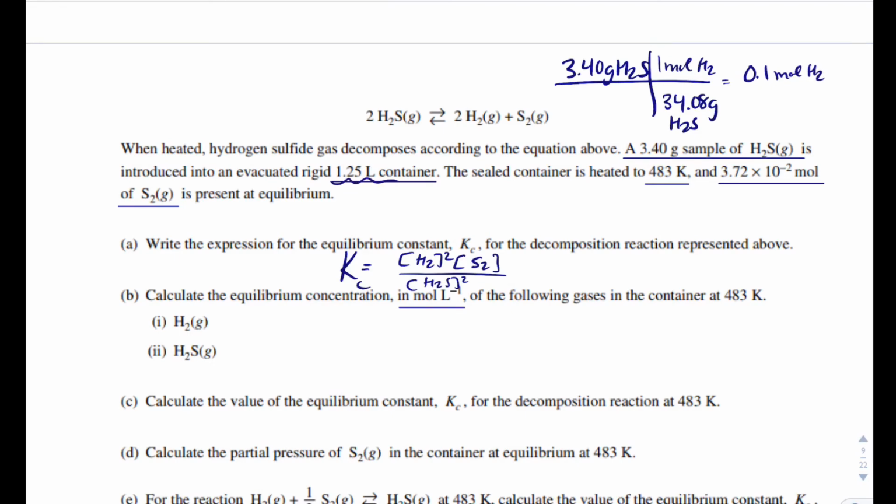They tell us that it's 1.25 liters, and so what this gives me is 0.1 divided by 1.25, approximately 0.08 molar for H2S.